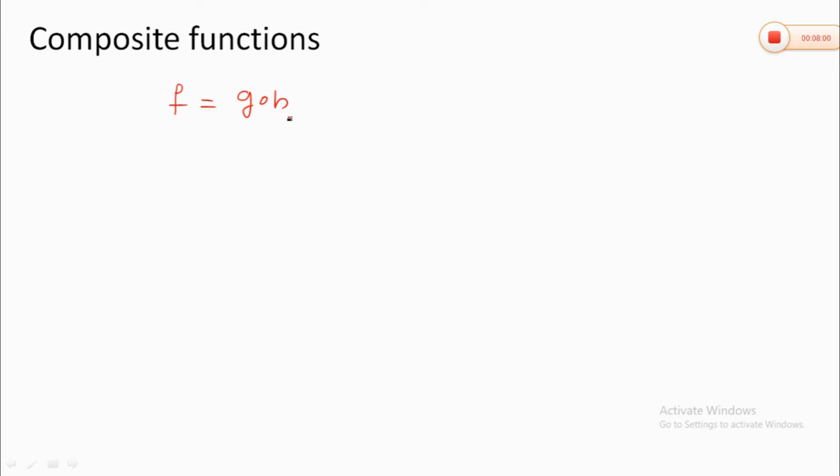So that is h is within g. So that is g of h(x), h(x) is inside g. So g is one function, h is one function, h is inside the g, that is one function within the another function. So that is naturally a composite function, one within the another.